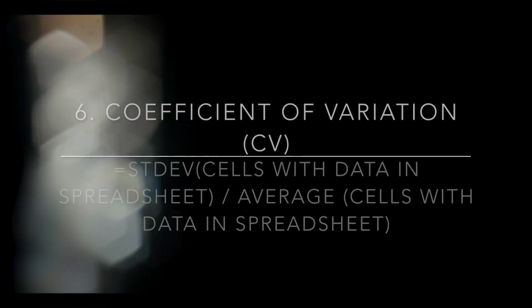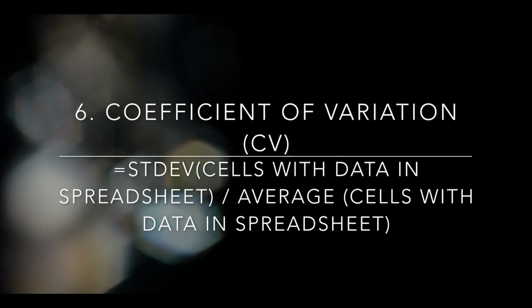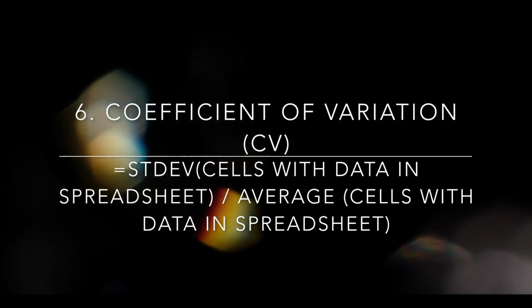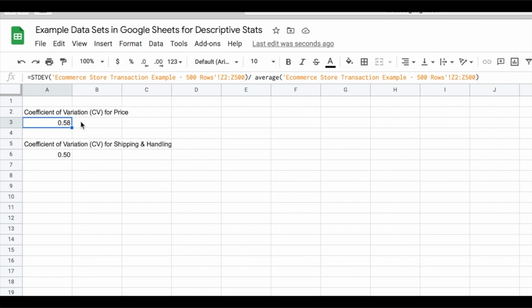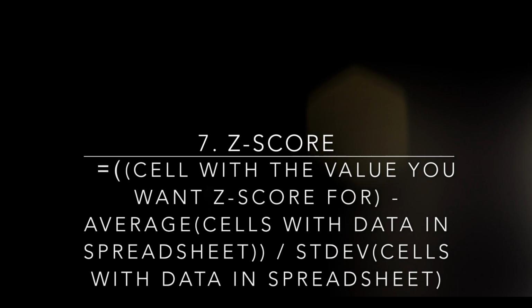The sixth statistic is the coefficient of variation. The seventh statistic is the z-score.